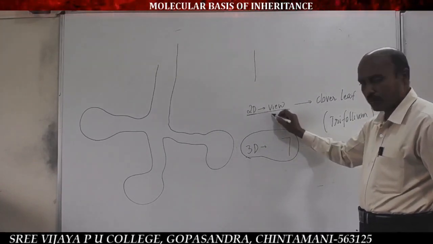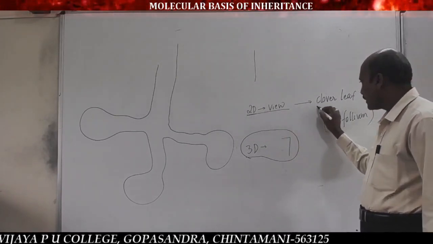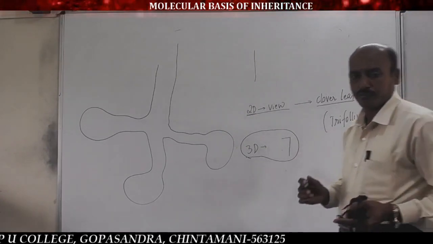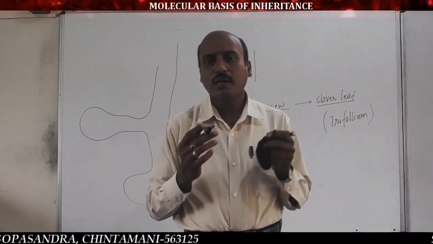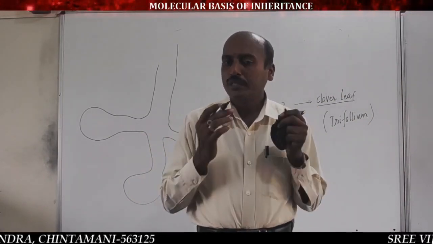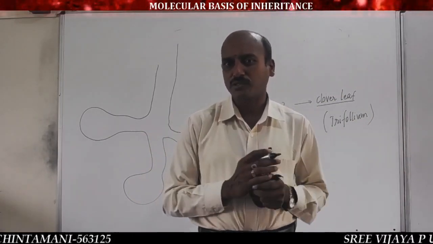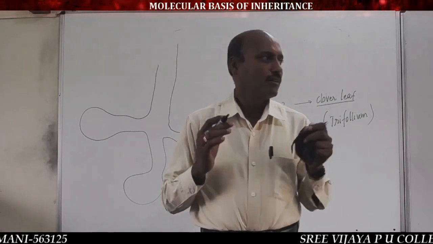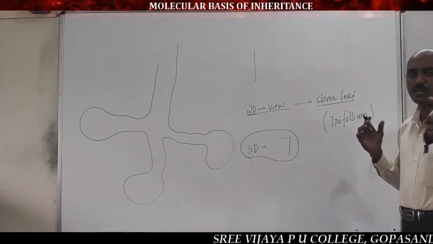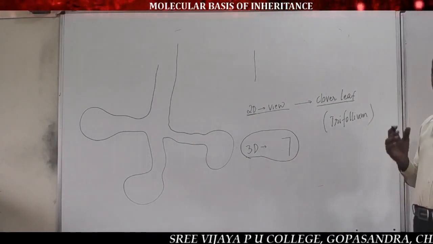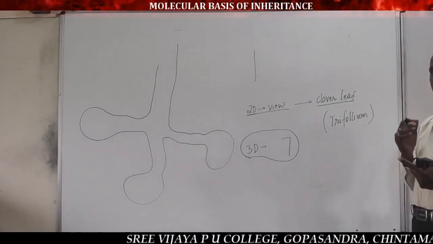The two-dimensional view of tRNA appears like a clover leaf or trifoliate leaf, because I already gave a brief explanation in the previous class. In first year, we studied types of leaves: simple leaf and compound leaf.